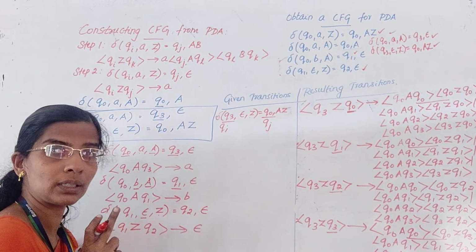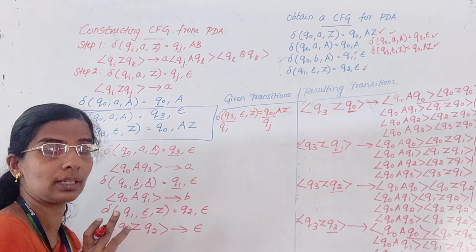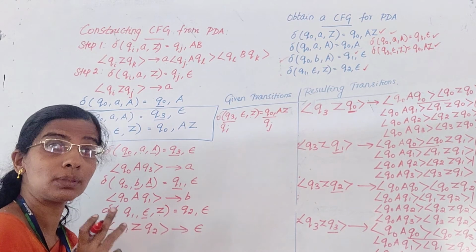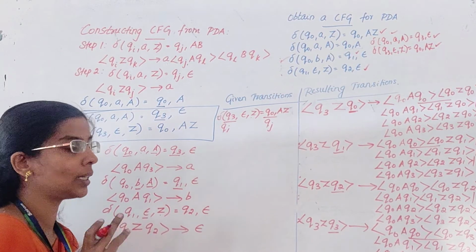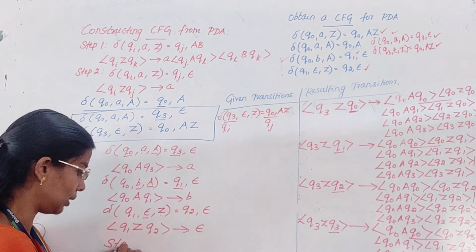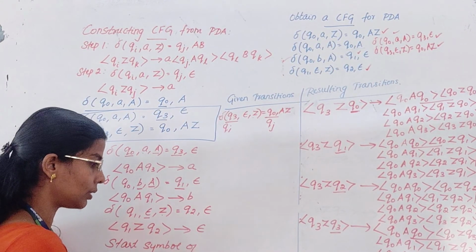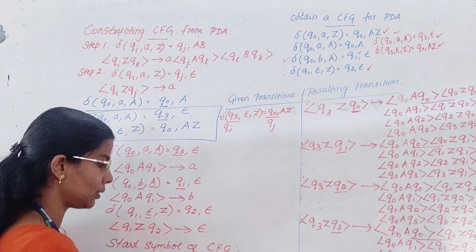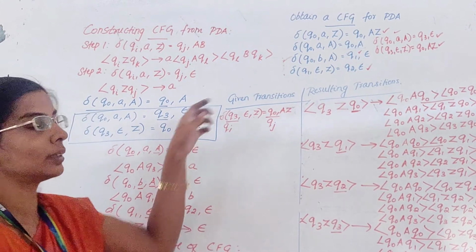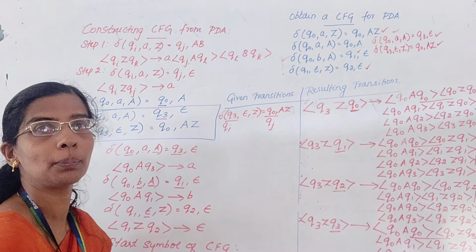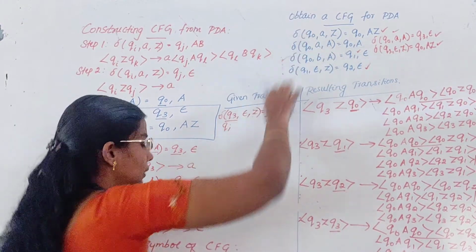Now the final step is to identify the start symbol of your CFG. How to identify this? Check the start state of your PDA. The start state of your PDA is Q naught.